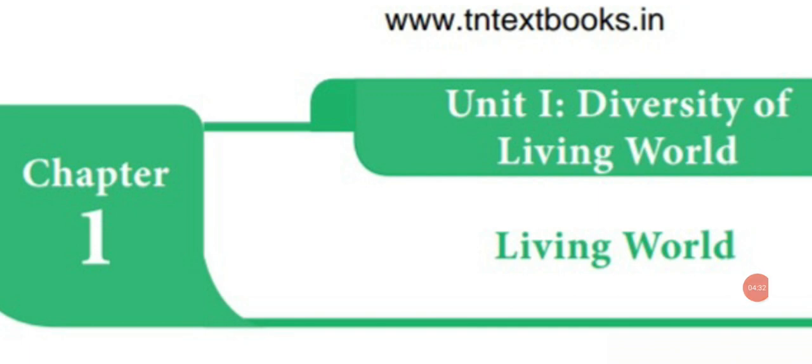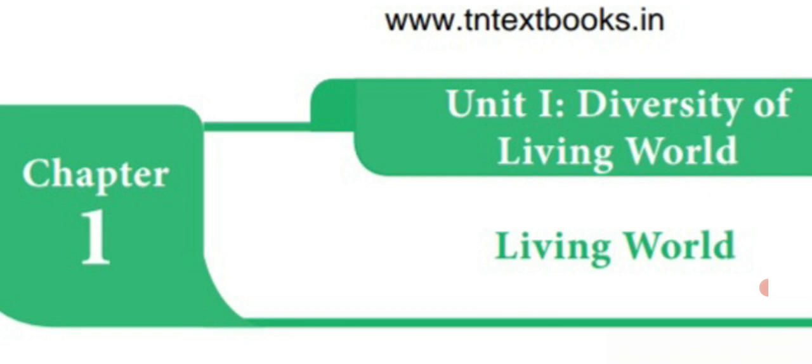Dear students, this is unit 1, diversity of living world, chapter 1, living world. All over the world we are having biotic things as well as abiotic things. Biotic things, having life activities, are divided into 2.